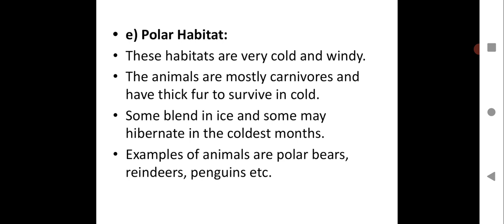The polar bear has lots of fat deposition in the body, which gives insulation because it is all the time very cold, spine-chilling cold. So the body has lots of fat, which is a very good insulator and gives warmth to the body. Some blend in ice and some may hibernate in the coldest months.